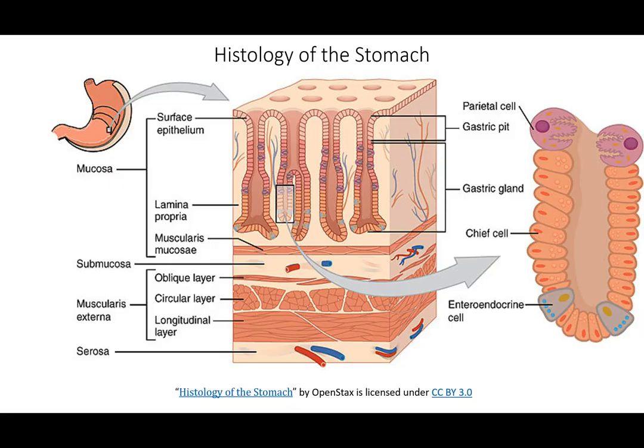Our mucous neck cells are going to secrete a very thin acidic mucus. This is very different than the mucus secreted by the goblet cells higher up in the epithelial layer, and we're actually not sure what the function of this particular type of mucus is at this point in time. And then our enteroendocrine cells are going to make hormones, because they are part of the hormone system, that endocrine system.